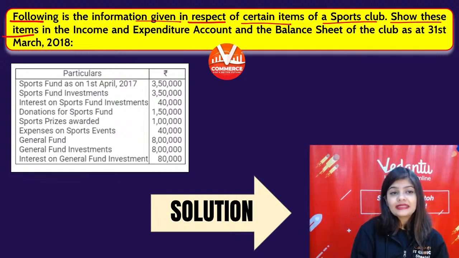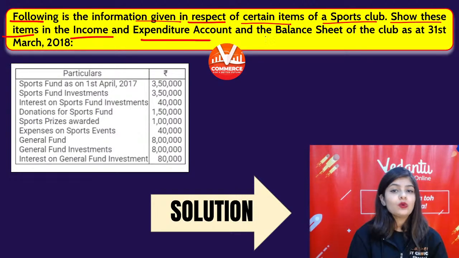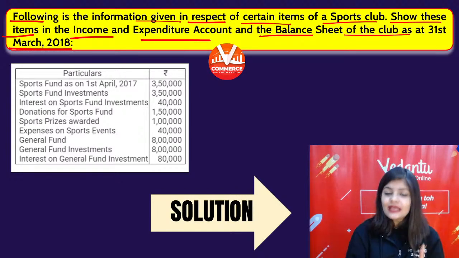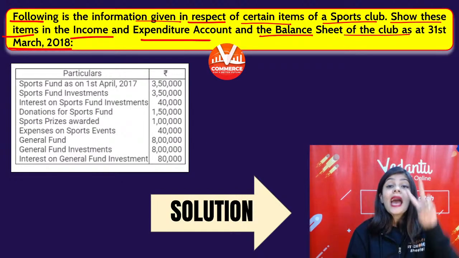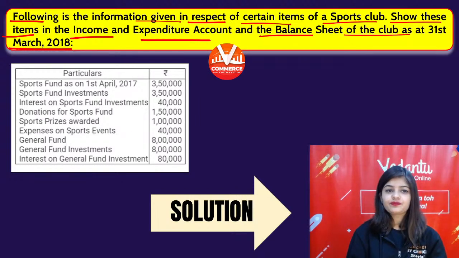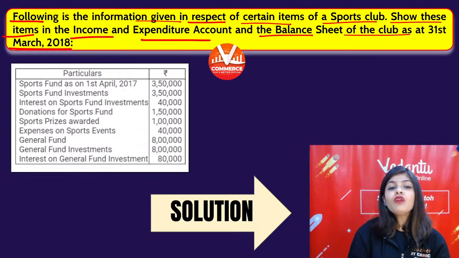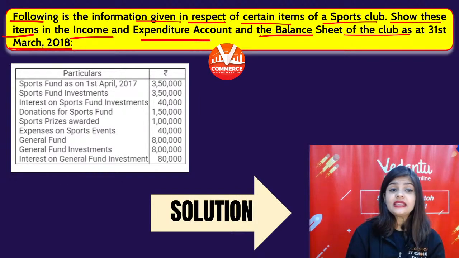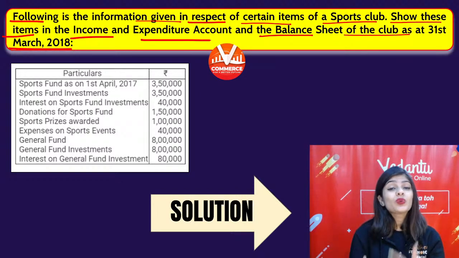Show these items in the income and expenditure account and the balance sheet of the club as at 31st March 2018. We are required to prepare the income and expenditure account and balance sheet. So now we will read every item and we will see where those items will be recorded.